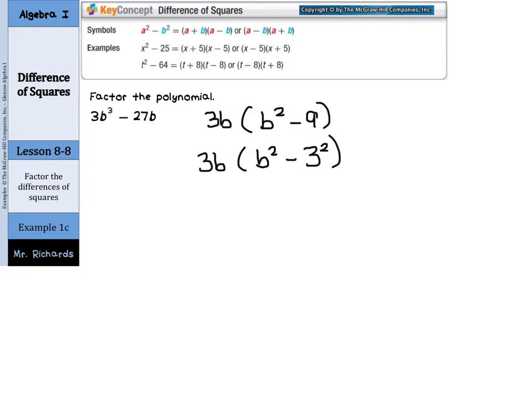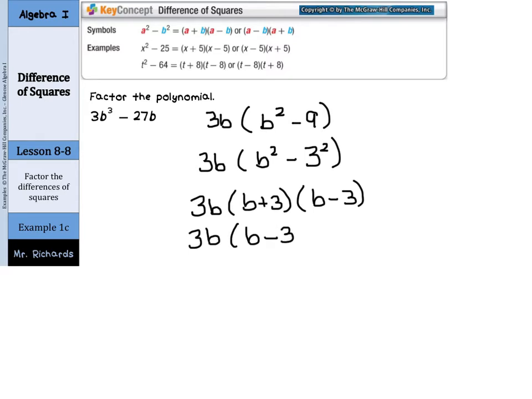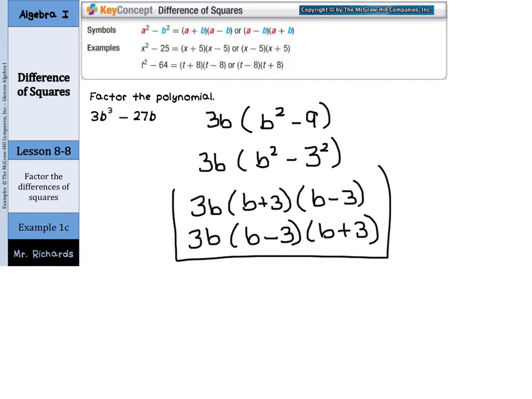And now once again I have this in the a squared minus b squared form. So I'm left with the 3b that I originally factored out times b plus 3 times b minus 3. Now with that, could I write this 3b times b minus 3 times b plus 3? Yes, you could. Both of these answers could work.